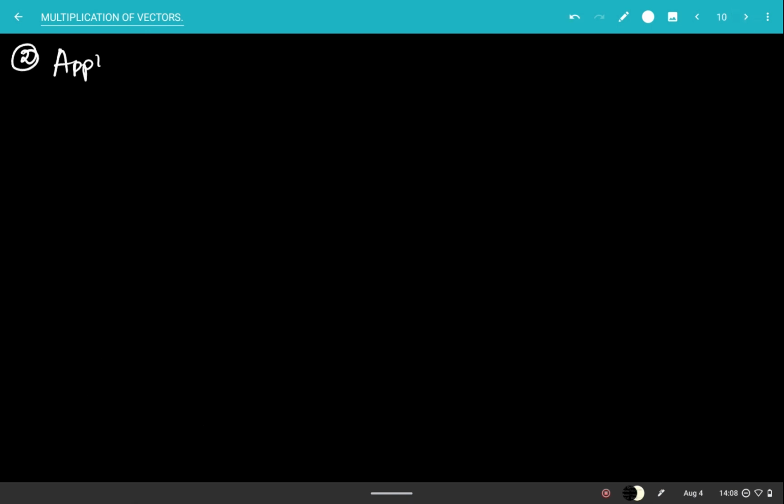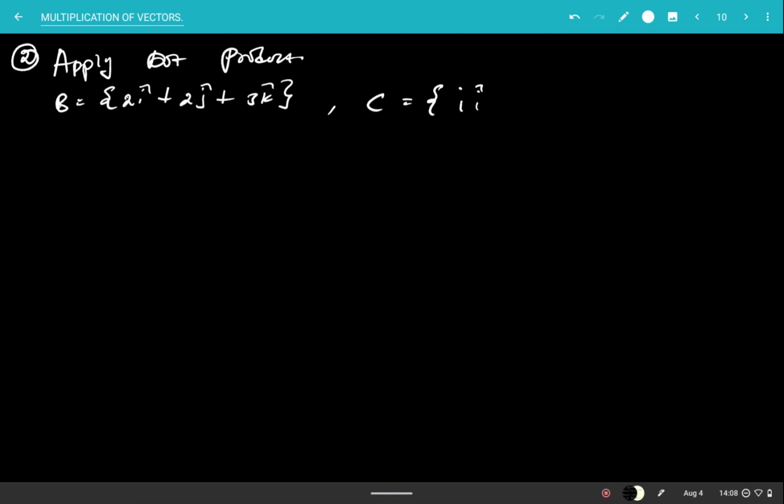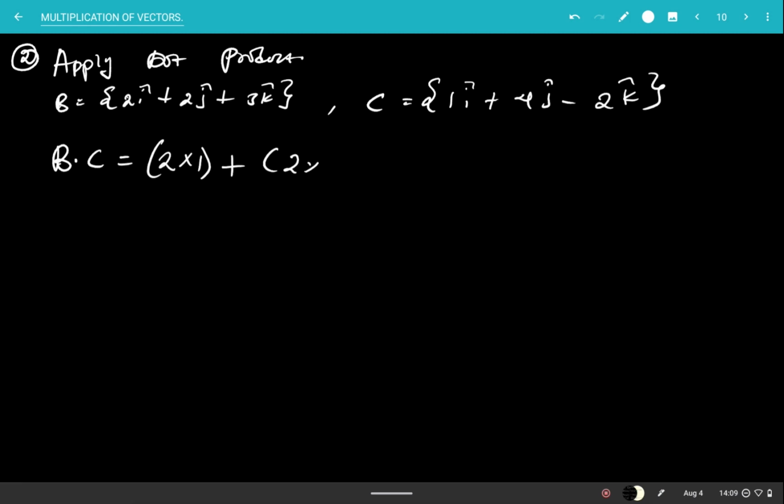We have B as 2 in the I, plus 2 in the J, plus 3 in the K, and C as 1 in the I, plus 4 in the J, minus 2 in the K. If I apply the dot product of B dotted with C, remember, it's those in the I with those in the I, those in the J with those in the J, those in the K with those in the K. So we get 2 times 1 plus 2 times 4 plus 3 times negative 2.